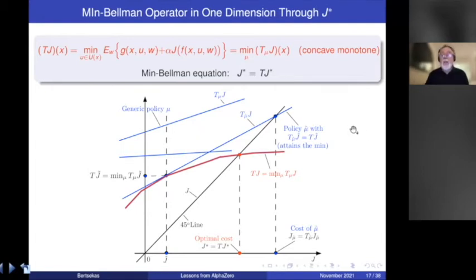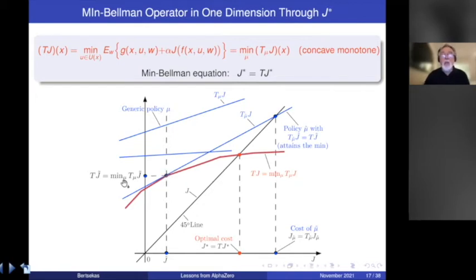Okay, now the min Bellman operator. The min Bellman operator is obtained by minimizing over all controls, or minimizing over all these blue operators for a given x. It's concave and monotone, and it's defined as follows. Here is T of J, this red graph here, as a function of J. And to obtain its value, let's say at some point J tilde, we have to consider all the policies, find the point of intersection of these policies with this vertical line, and go to the lowest point.